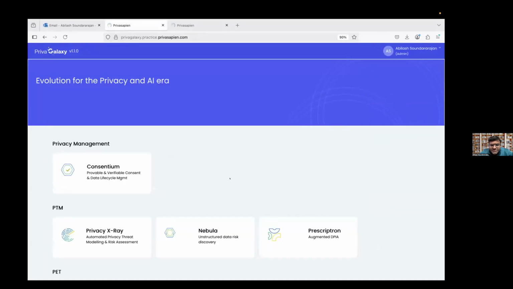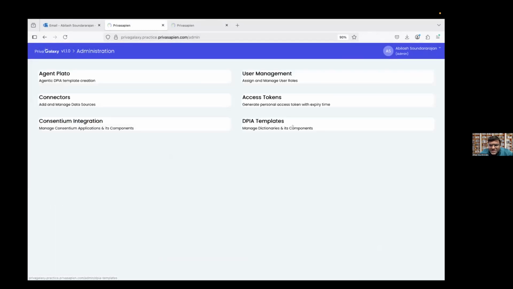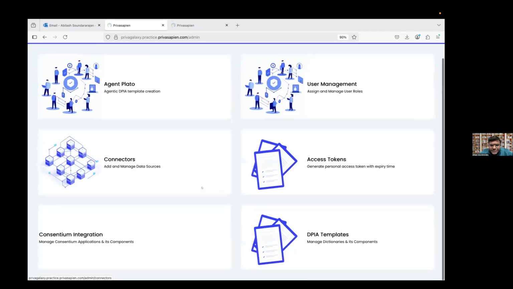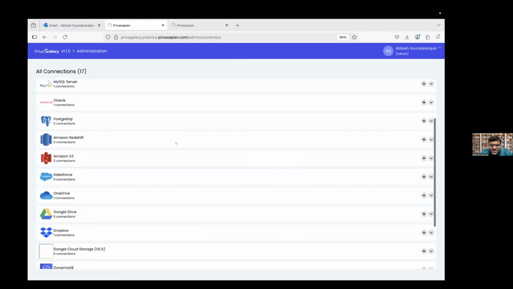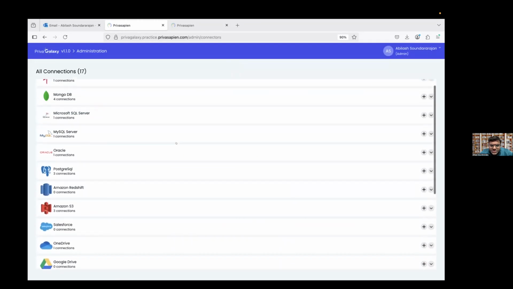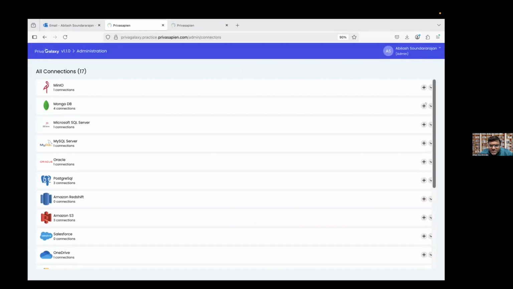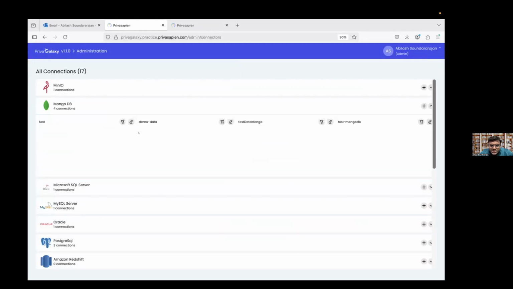And this is the platform. It is a Kubernetes based deployment which can be in a customer ecosystem. You can define users and their roles. You can build connectors to different databases in the customer ecosystem, and then there can be different tables within those databases.